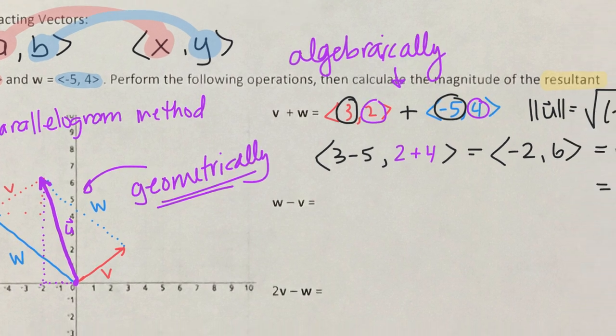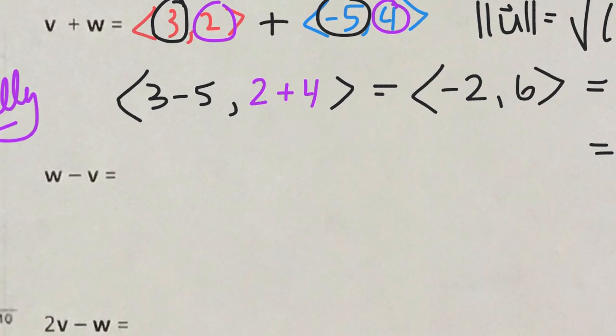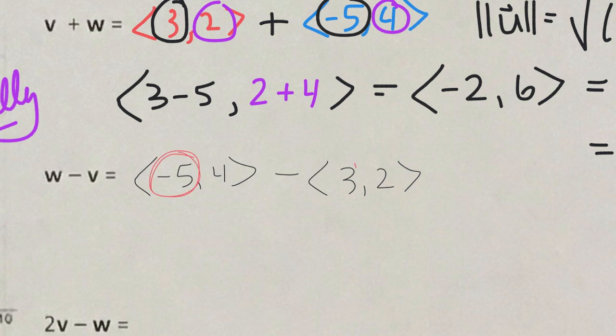So how about W minus V? W is the vector negative 5, 4, minus the V vector of 3, 2. So once again, we do x to x, so negative 5 minus 3, and we do y to y, 4 minus 2.